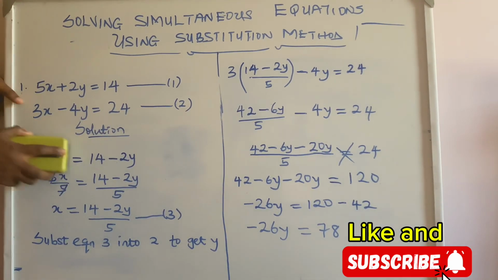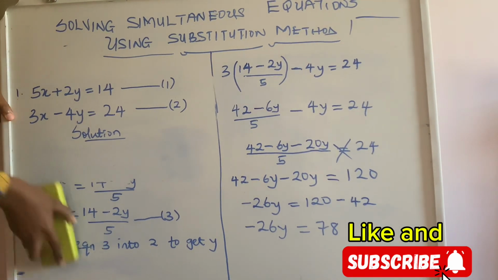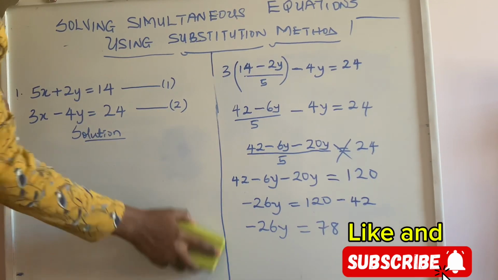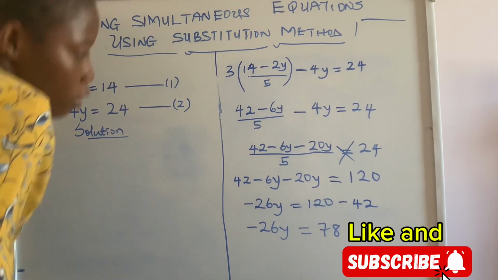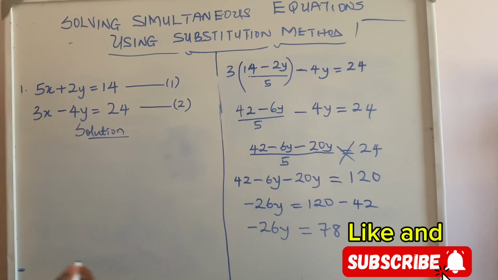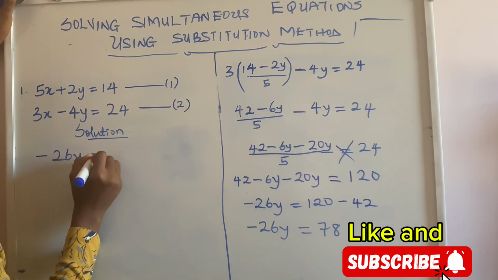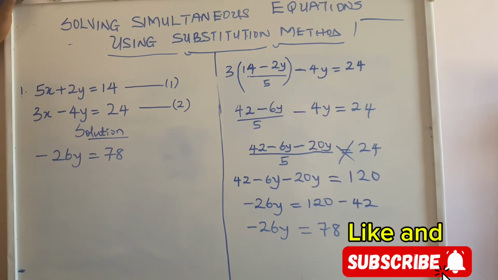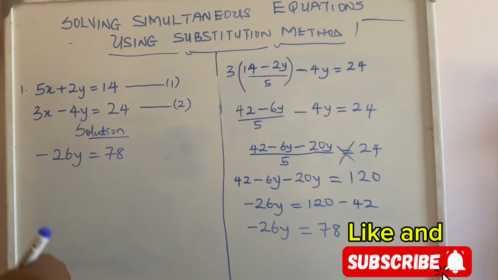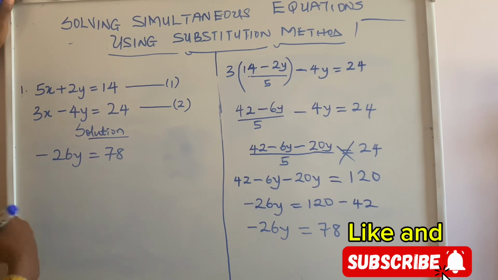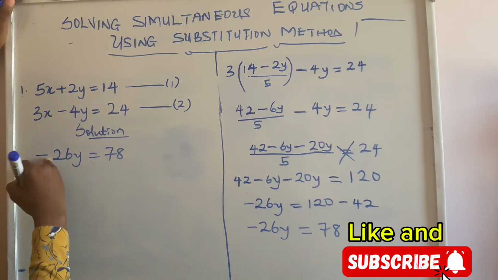Okay, so we clean this place off, just so we can have more space. So now that you have minus 26y is equal to 78, you divide both sides by what? By minus 26, since there is a minus sign.